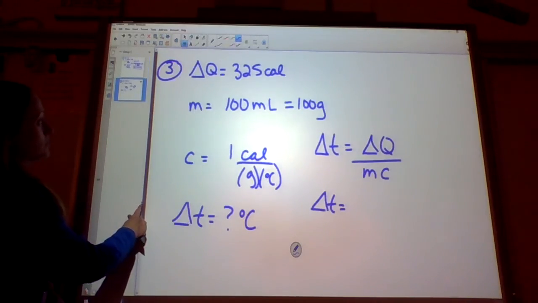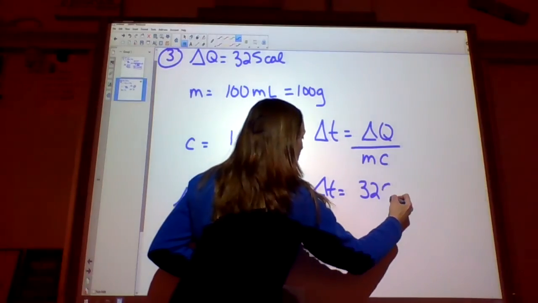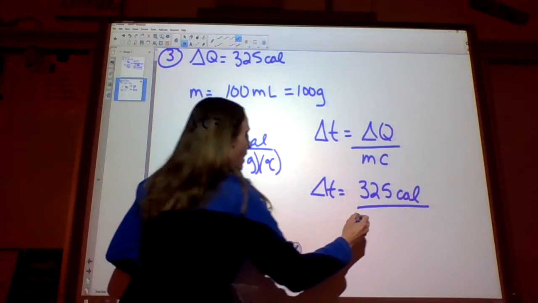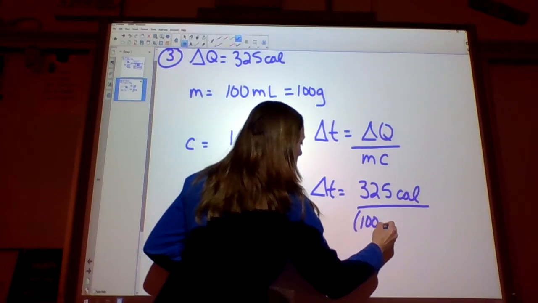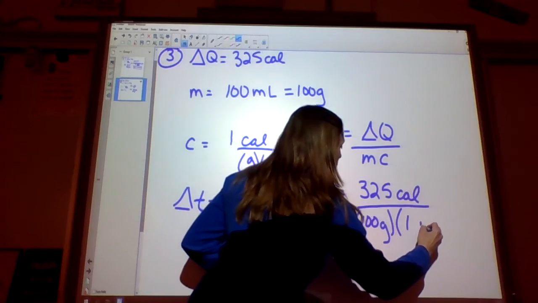Delta Q is 325 calories. Your mass, 100 grams. And your specific heat is 1.